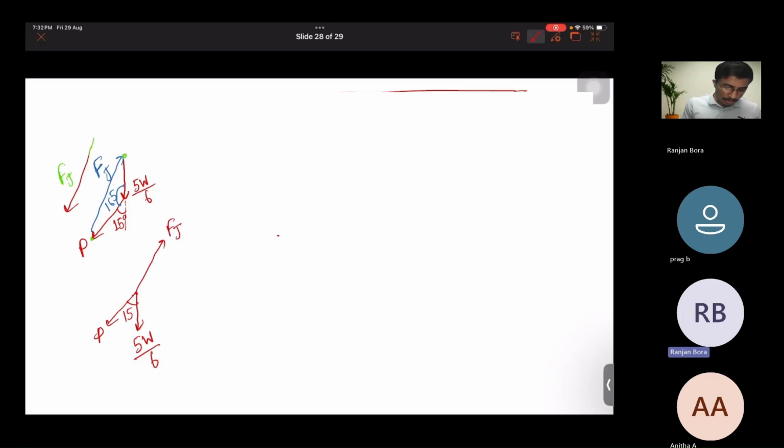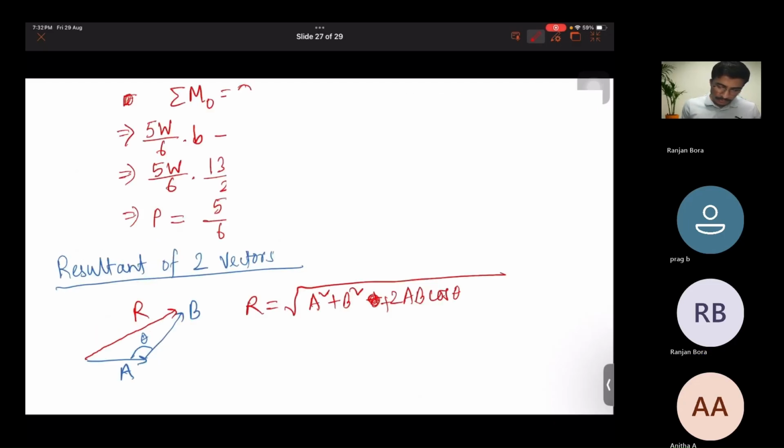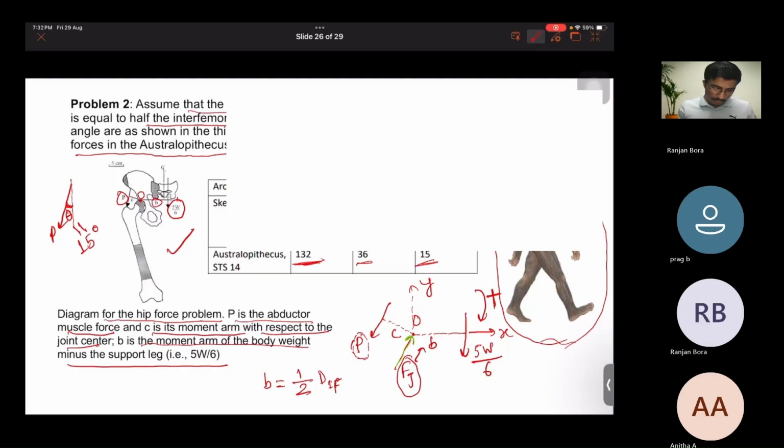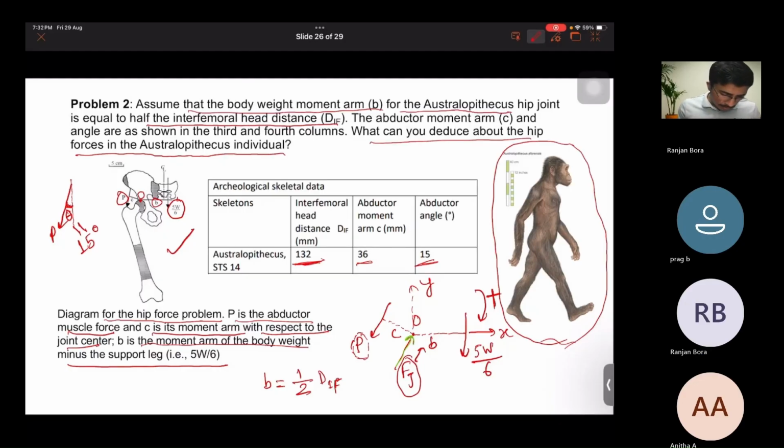But we don't know the angle of Fj. Do we know it? The angle of Fj is not given.